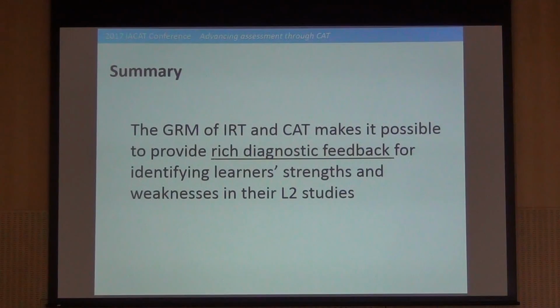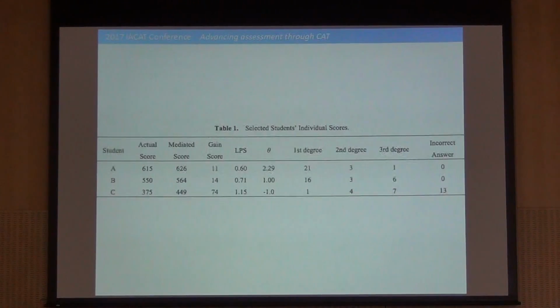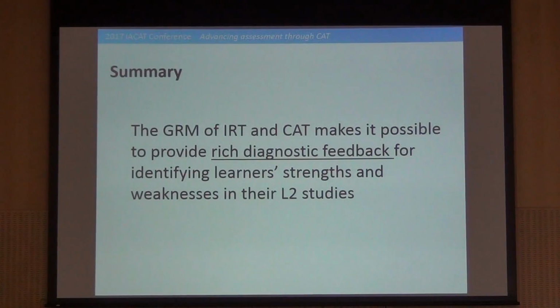In summary, GRM of IRT and CAT make it possible to provide rich diagnostic feedback. This kind of data shows how many answers the student could get correct on the first, second, or third hint. With these rich diagnostic data, we can identify learners' strengths and weaknesses in their L2 studies.